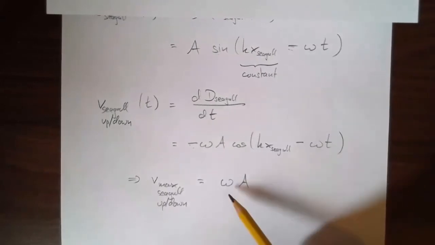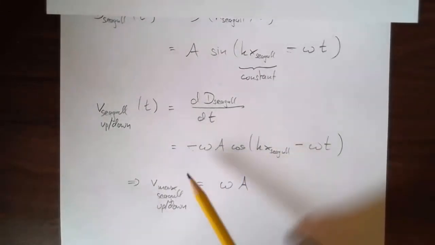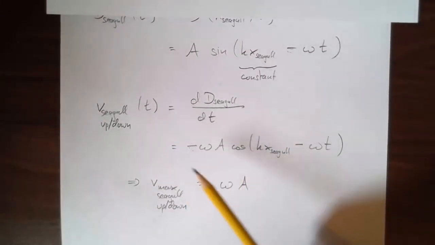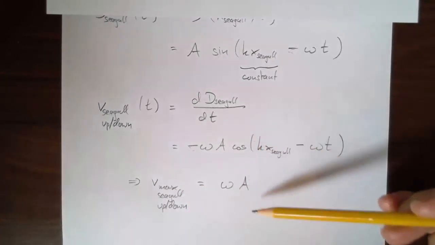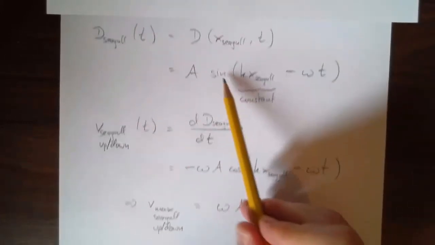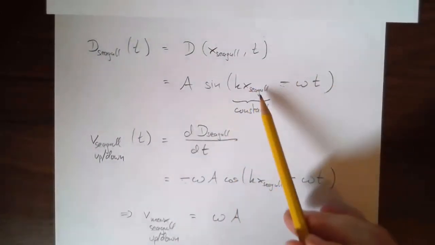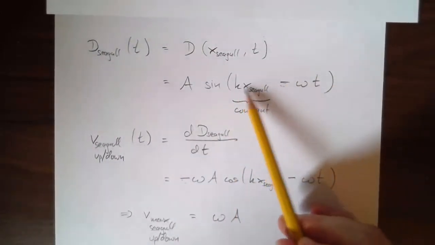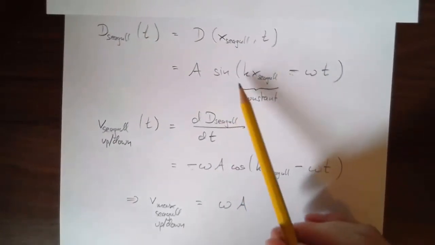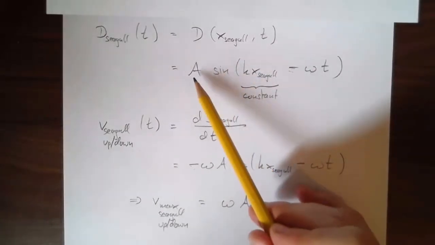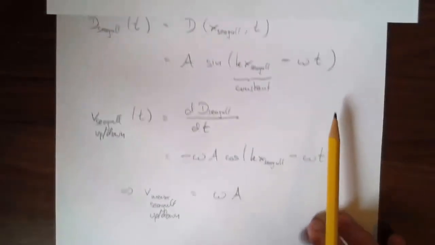We sort of could have guessed that, because we know if a sine function passes underneath the seagull, then the seagull would undergo simple harmonic motion, right? Sine of omega t, okay, minus sign doesn't matter, it just flips the function. Constant doesn't matter, it's really just a phase factor. So we kind of knew already that the answer was going to be a times omega.